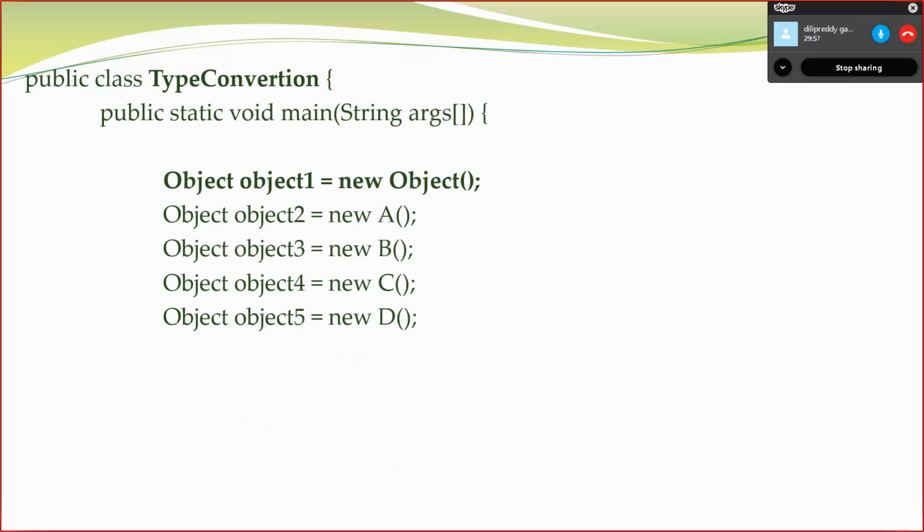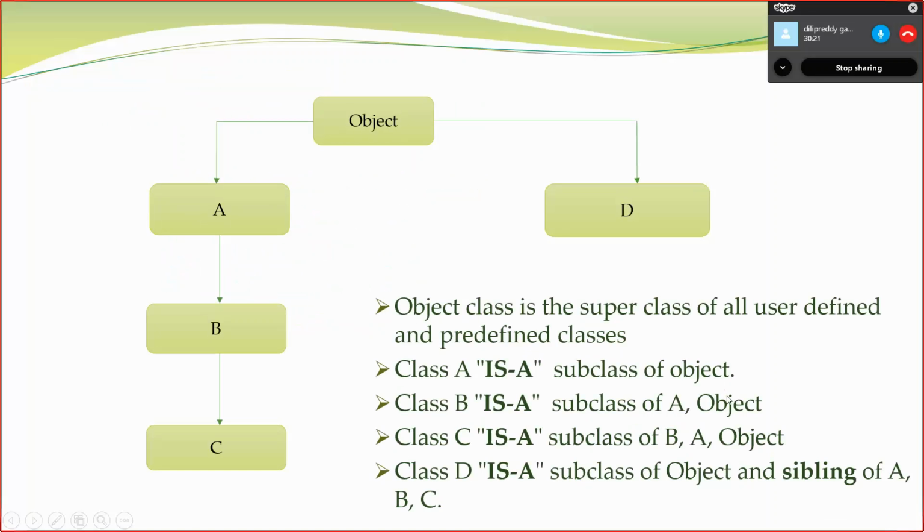Everyone has a relationship with Object. Did you see this? Object is the superclass, so we can assign this Object class data to any other type of instance. These all work fine because for every class, Object is the superclass, which means they have an IS-A relationship.